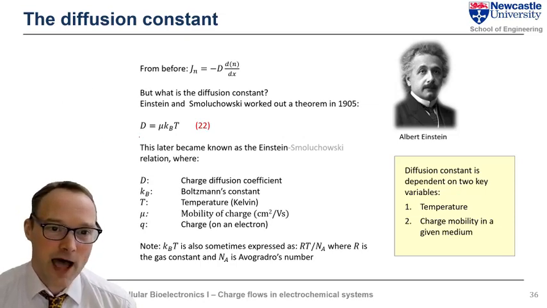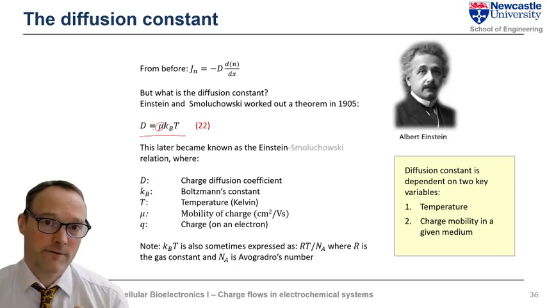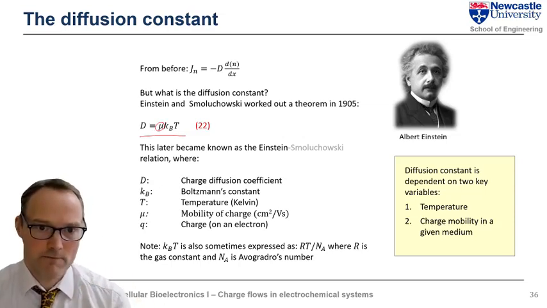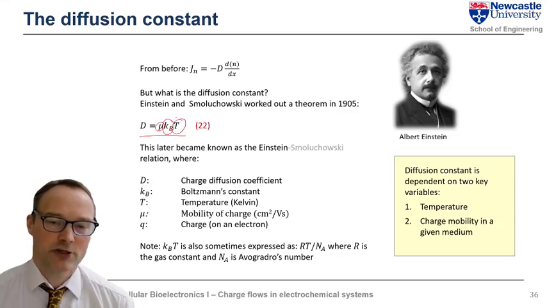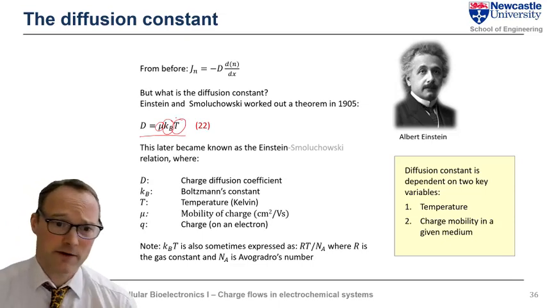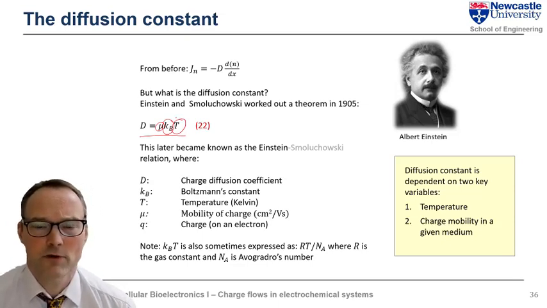That defines the diffusion constant in terms of how easy it is for the charge or component to move, the mobility, the Boltzmann's constant, and the temperature. In other words, higher temperature makes it easier for things to move around.